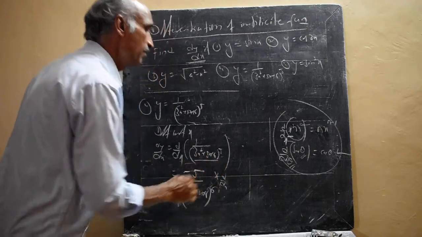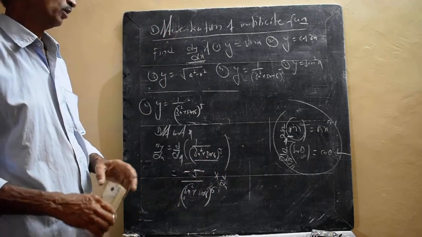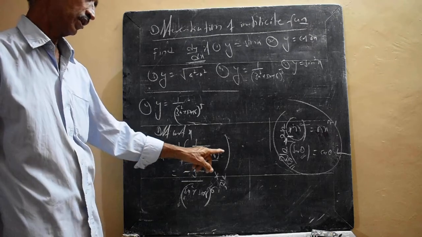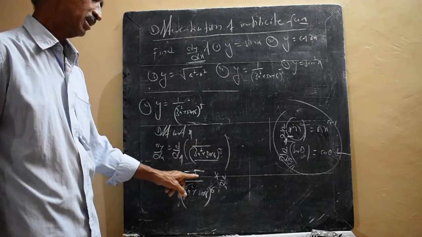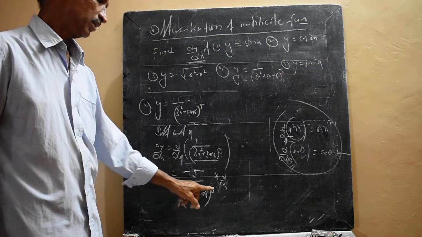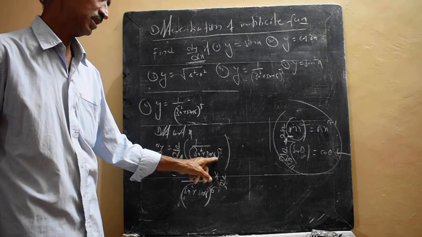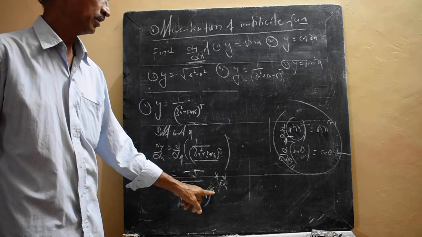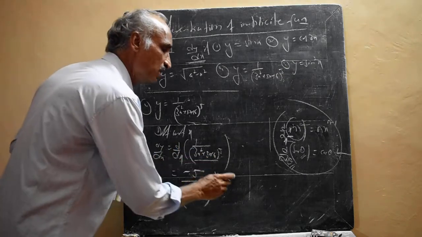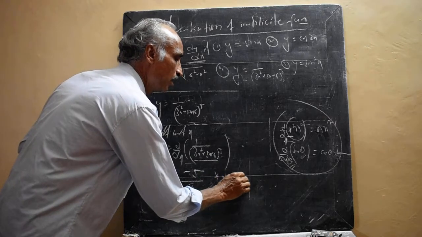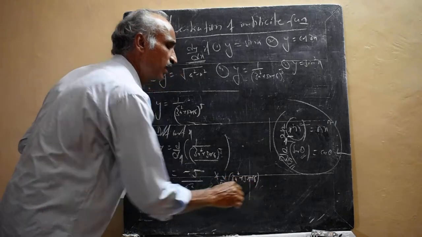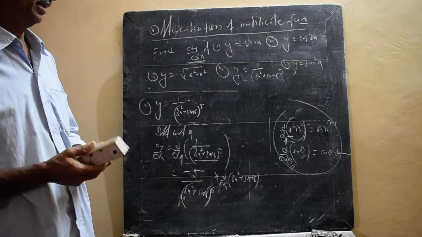Here n is 5, so 5 plus 1 is 6. What is the f of x here? 3x squared plus 5x plus 6 is the f of x. So it is minus 5 upon 3x squared plus 5x plus 6 raised to 5 plus 1, which is 6, into d by dx of the f of x inside, 3x squared plus 5x plus 6. For clarity, revise the video again and again.